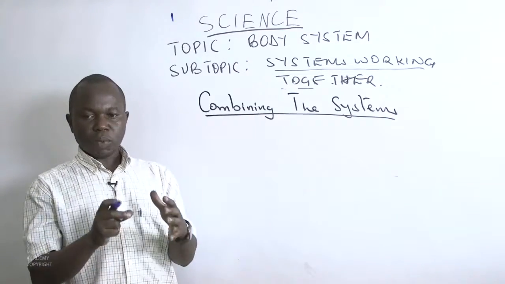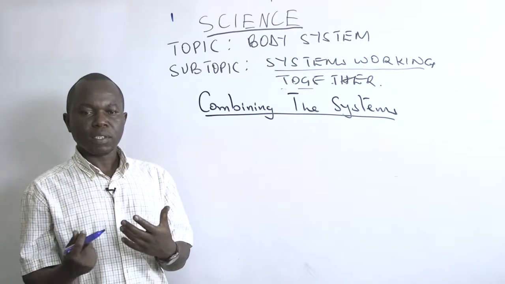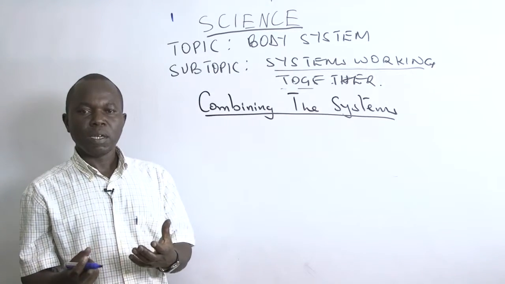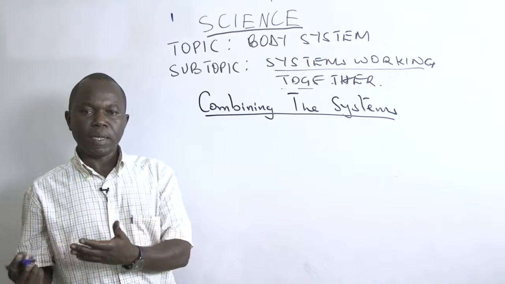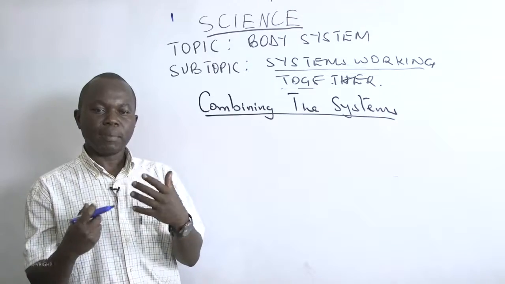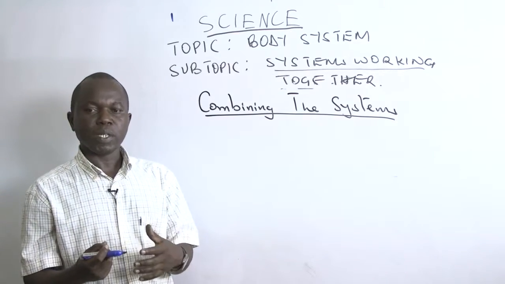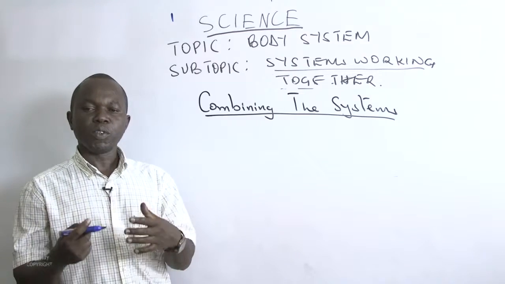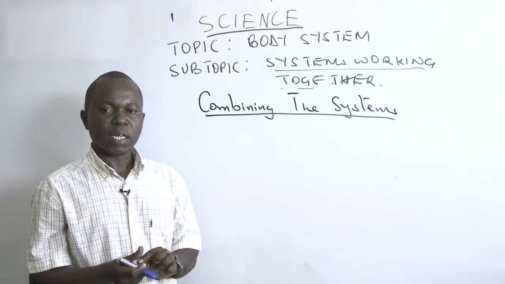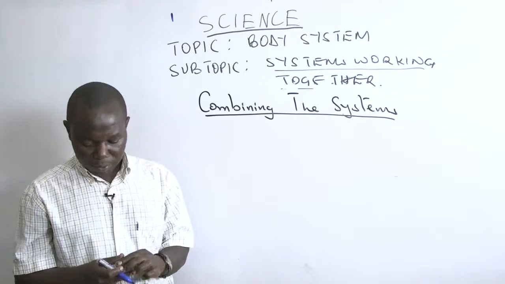Body systems must work together, as we have already said, for bringing nutrients to cells and tissues, and also taking away waste metabolic products, so that this can enable the organism to grow, to move, to reproduce, and respond appropriately to changes in the environment.